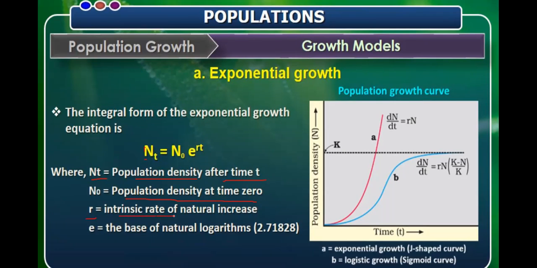Small r is the intrinsic rate of natural increase. e means the base of natural logarithm, that is 2.71828. You have to simply remember this equation. Sometimes in examination it will be there. What is the integral form of the exponential growth equation? So you have to remember Nt = N0 e^(rt).